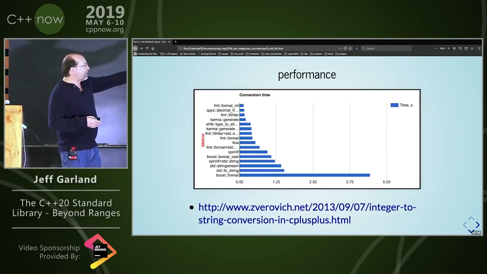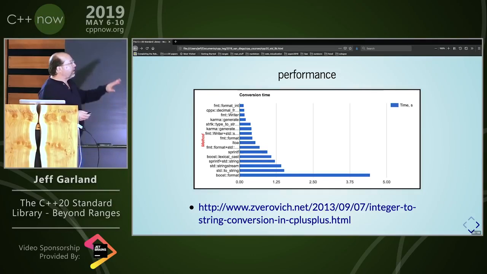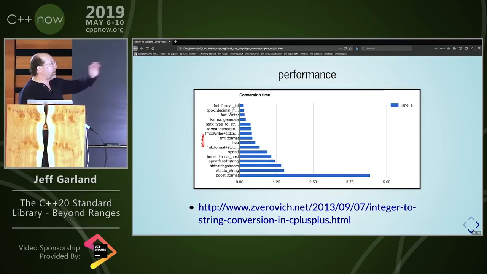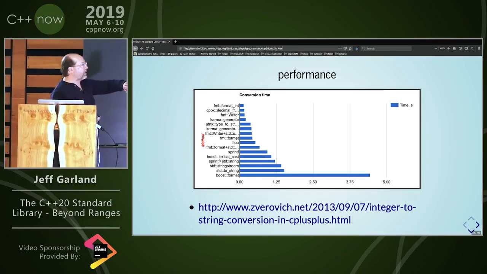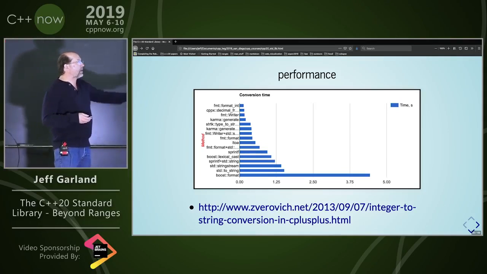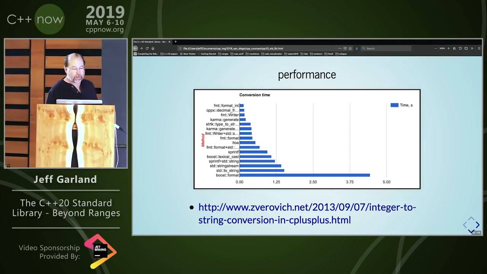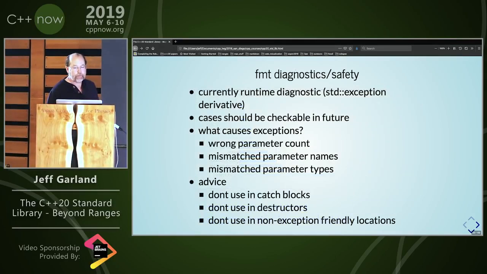You can see at the bottom std toString and boost format, and I don't even know what compilers. There's the link at the bottom. You can go follow it and read the whole blog post. This is Victor's blog post itself. And again, this is from a few years ago, but this is the kind of thing that we like to see, where we're going to get highly optimal performance if we can.